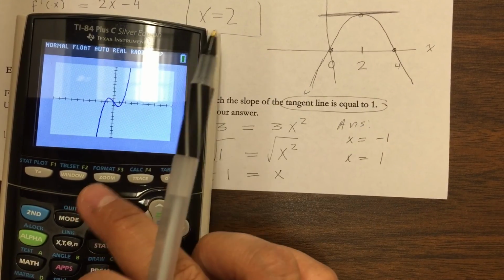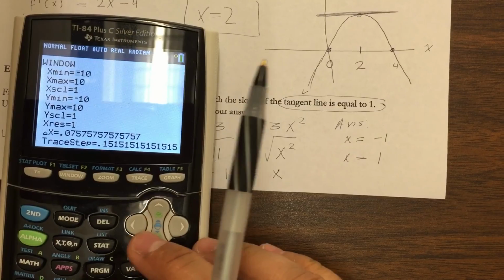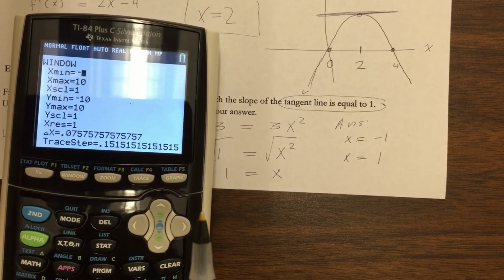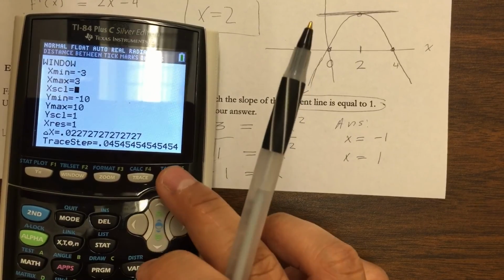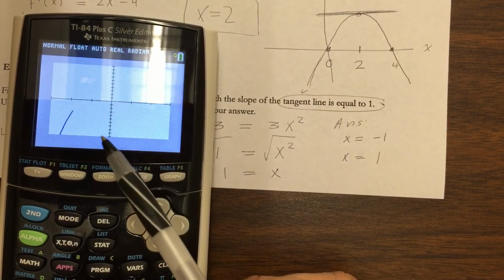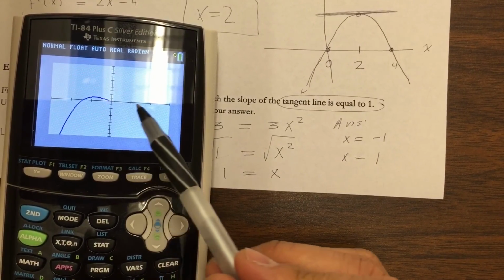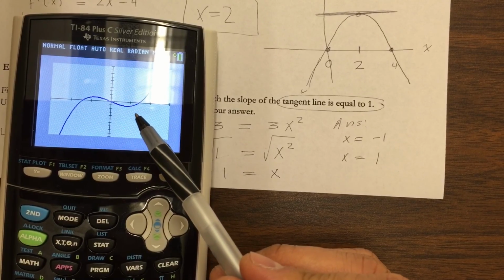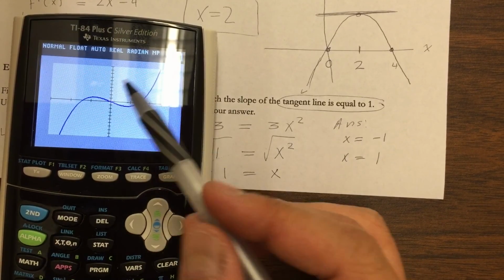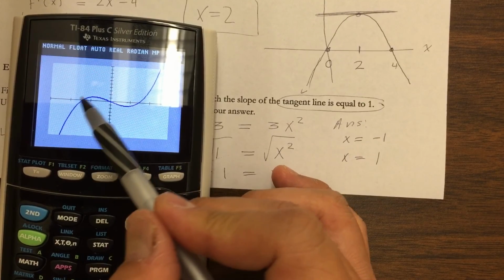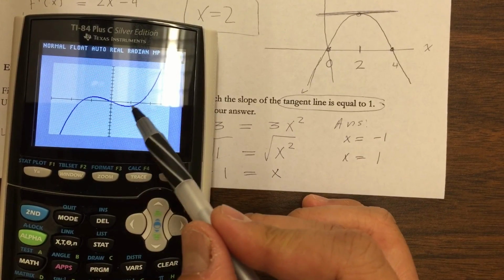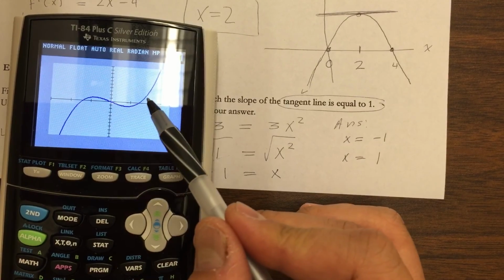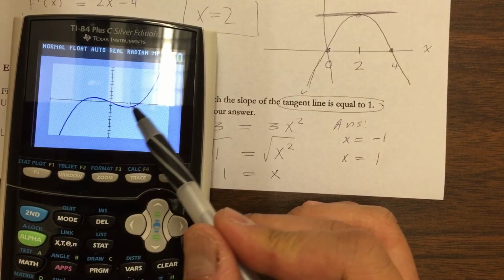I'm going to zoom in and fix the window so that you get a better view of what we want to see. I want you to see that at -1 and 1, they have the same slope. At -1, you see how the slope goes like this, and at 1, the slope also goes like this. So they have the same slope.